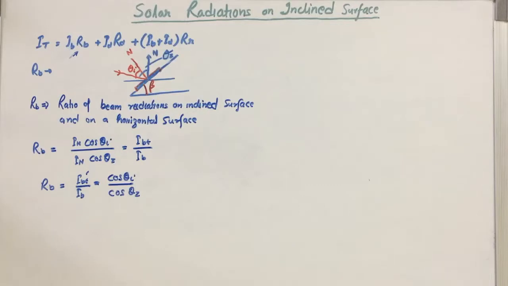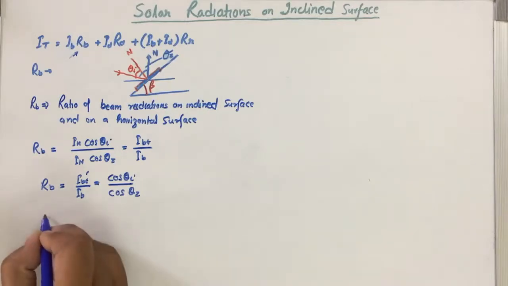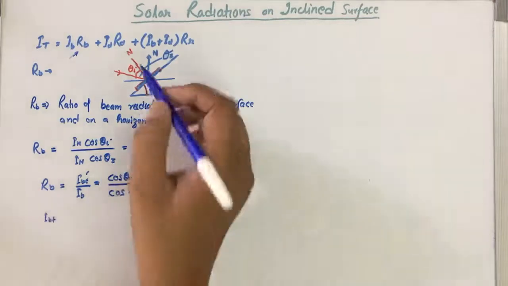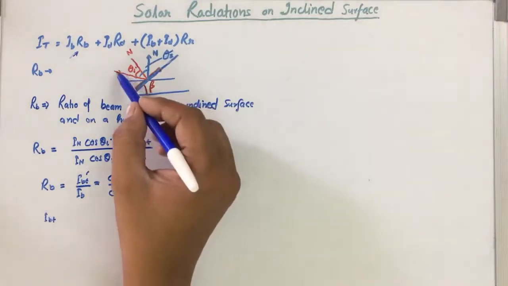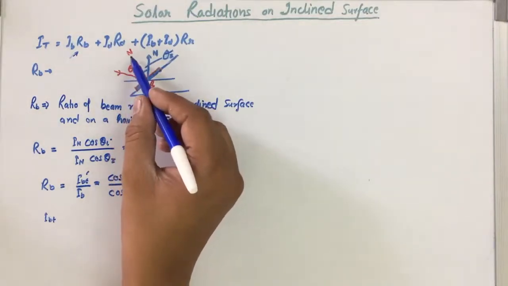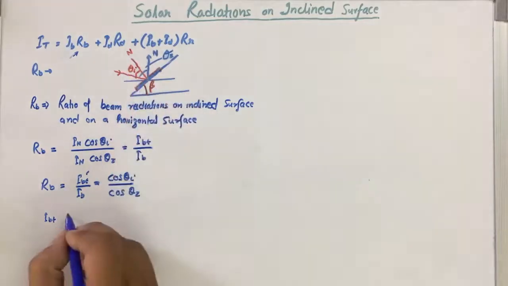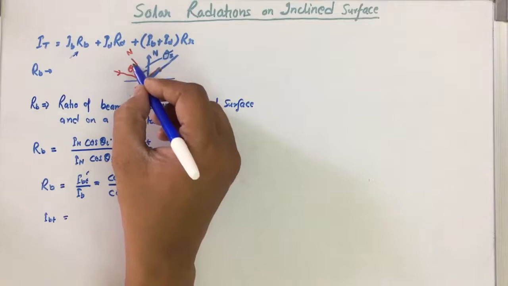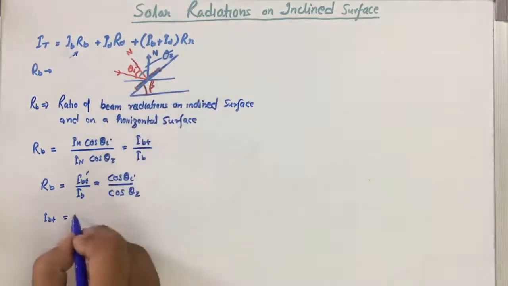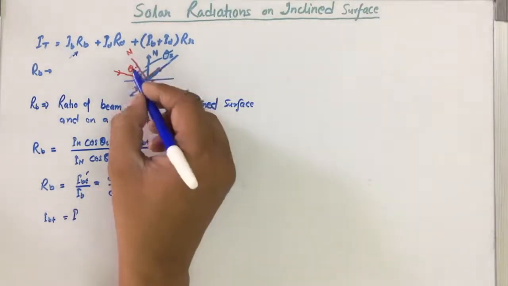And if we try to find IBT, then what can we say? IBT, BT means for inclined, beam radiation when it is inclined. So we can say this is IN, the component of this with inclination, the projection of this at the inclined surface.